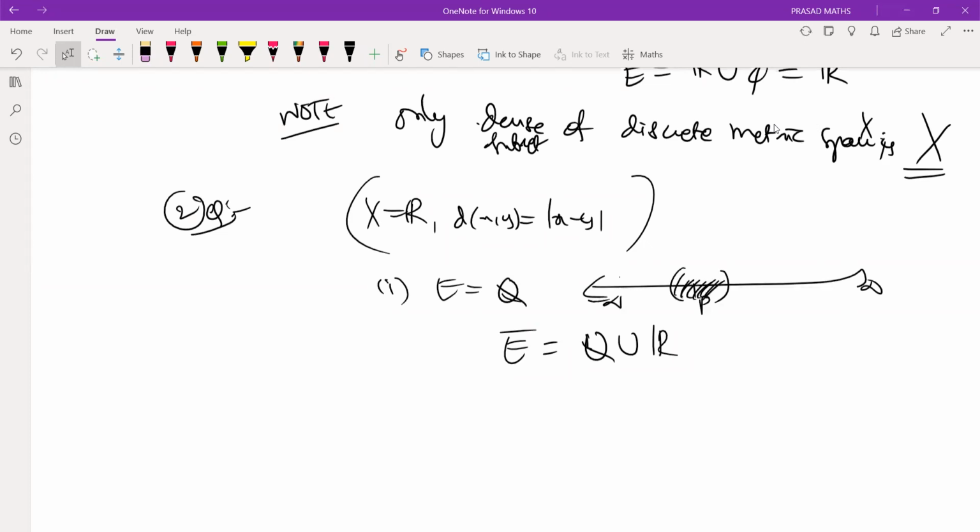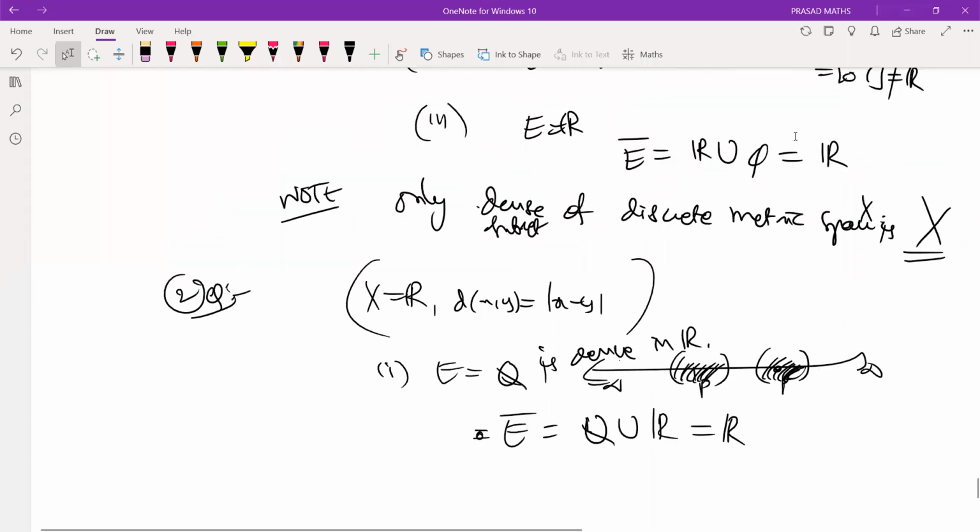So every real number is a limit point. You give me p, you take any neighborhood, it contains at least one rational other than p. Therefore, every real number is a limit point of Q. Therefore, the union is R. Therefore, Q is dense in R.